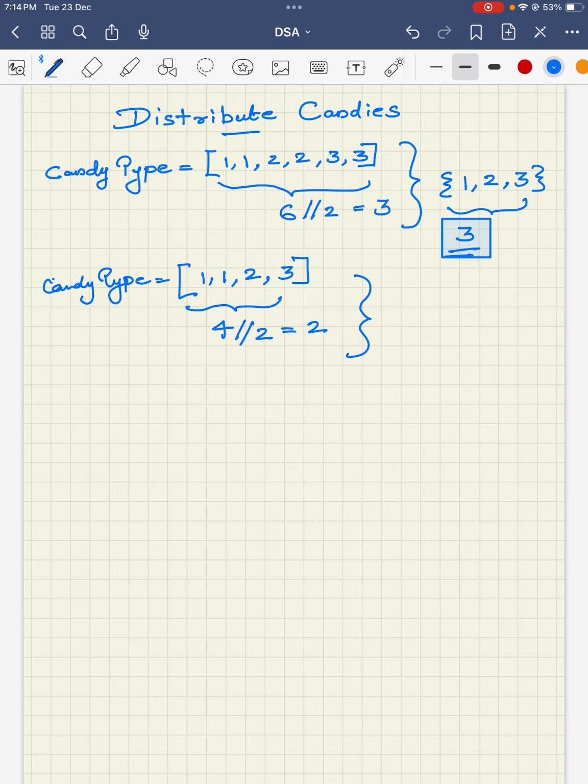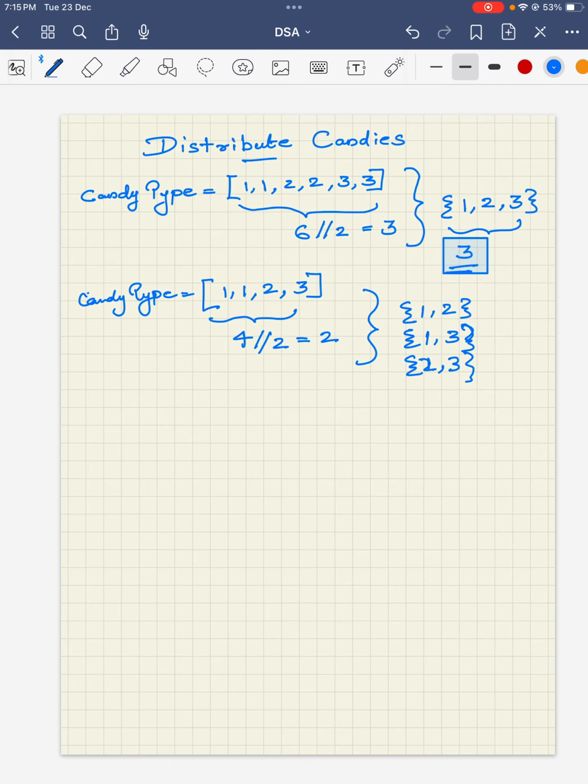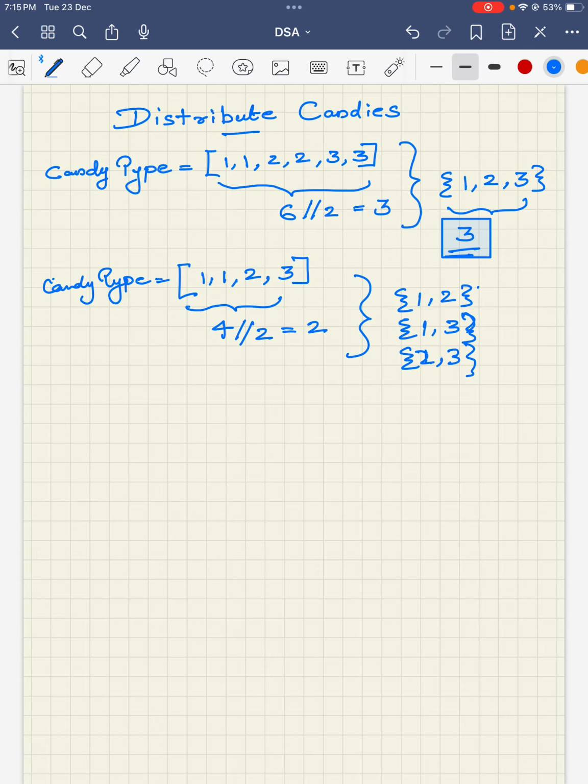So you can have 1 and 2, or 1 and 3, or 2 and 3. It doesn't matter what combination we choose; all that matters is at most how many candies he or she can have by following the advice. So in either case, the answer is 2. This is what we need to return.